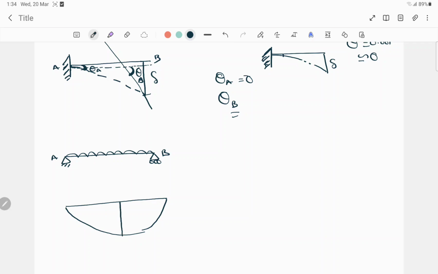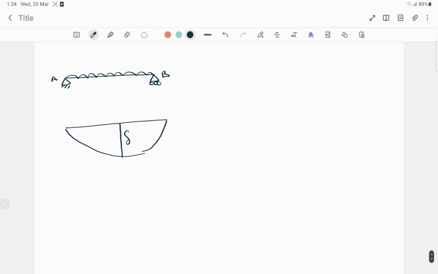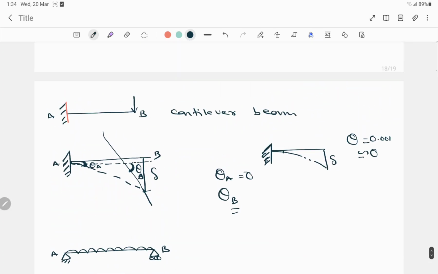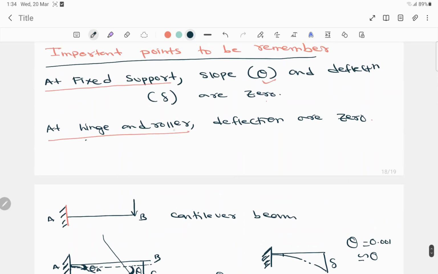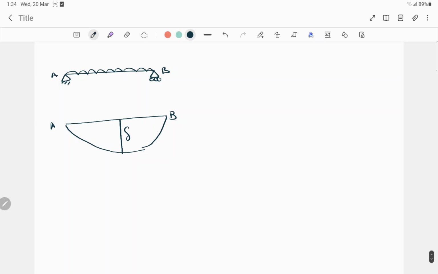And maximum deflection will be here. Now this is A and this is B, and as I already mentioned, for a hinge and roller support the deflections are 0, but there will be a slope. Okay, so at A and B there will be a slope formation.